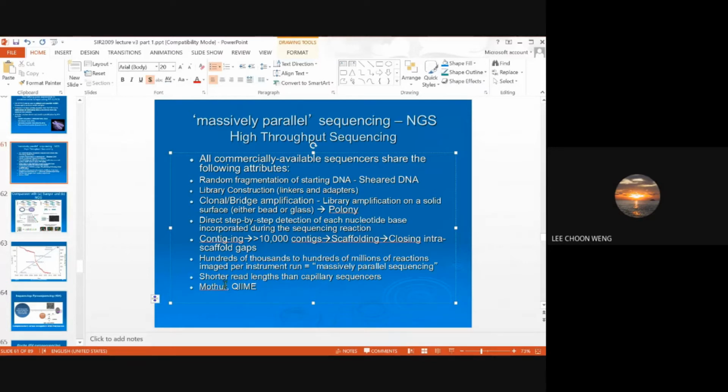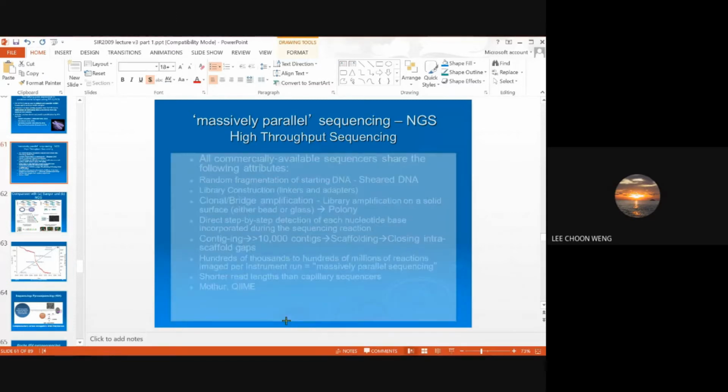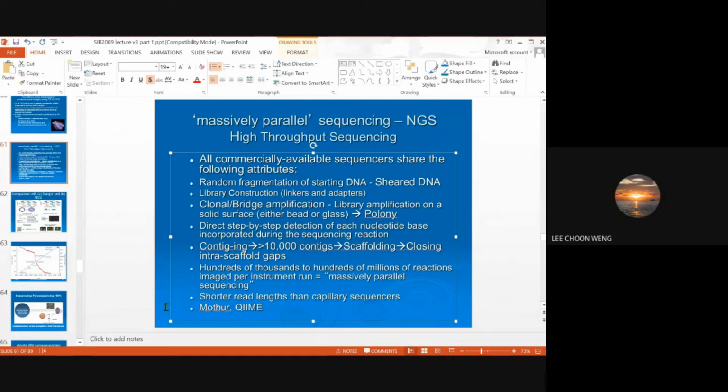Can you see this? The one that I just typed? Yeah, right there. Okay, so these are free software: Mothur, and also QIIME. These are software specific to handling NGS data.